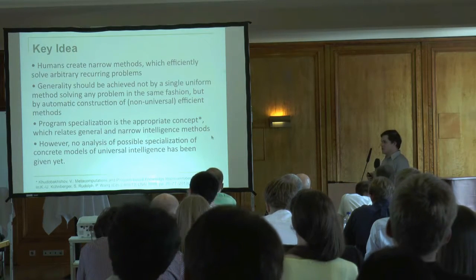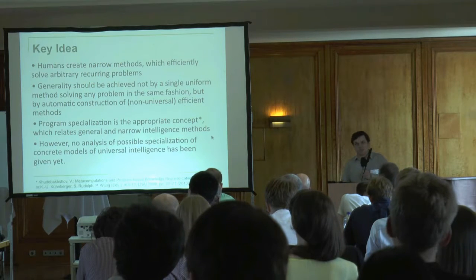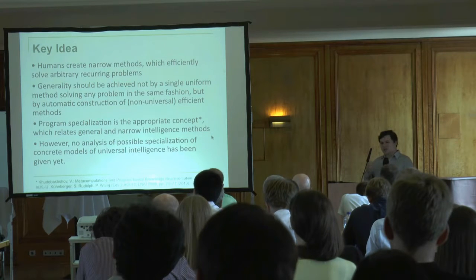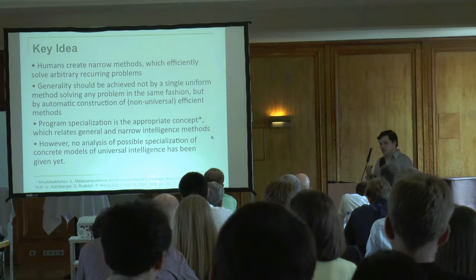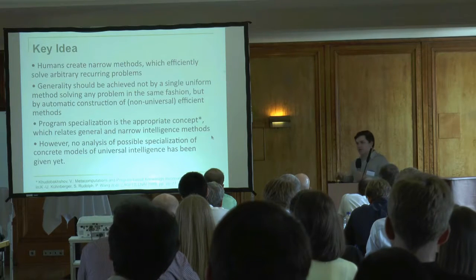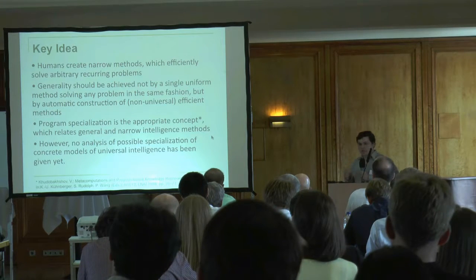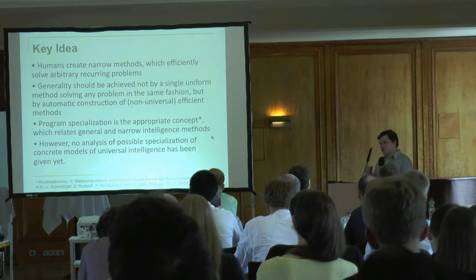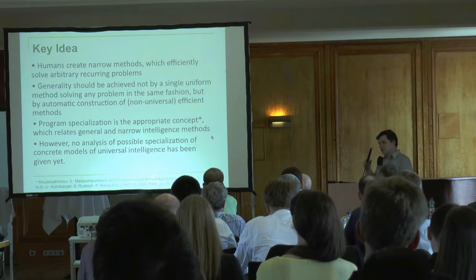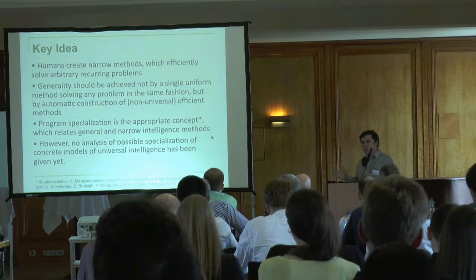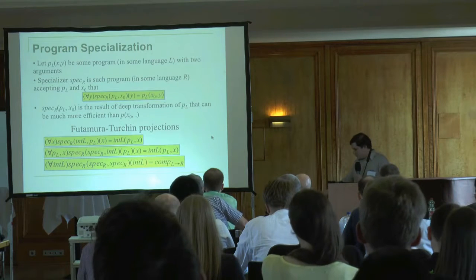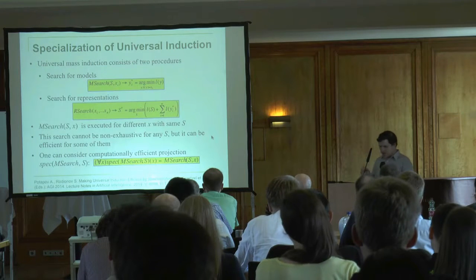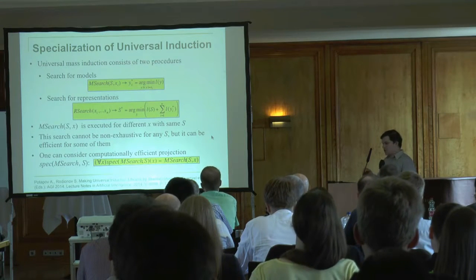So the basic idea is that a universal method should not be one general method that is uniformly applied to every kind of problem. Instead, we should construct such a method which automatically builds an efficient projection of the universal method on the problem set at hand.